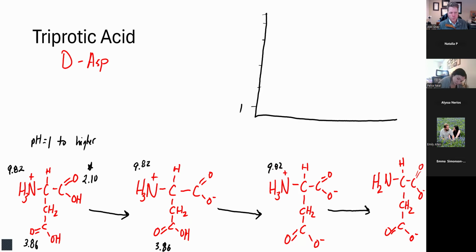I worked through this by eliminating a proton completely from one group, then moving on to eliminate a proton from the next group, and then finally eliminating a proton from the last group. Okay, now what I want you to think about, and I'm going to erase all my pKas now.